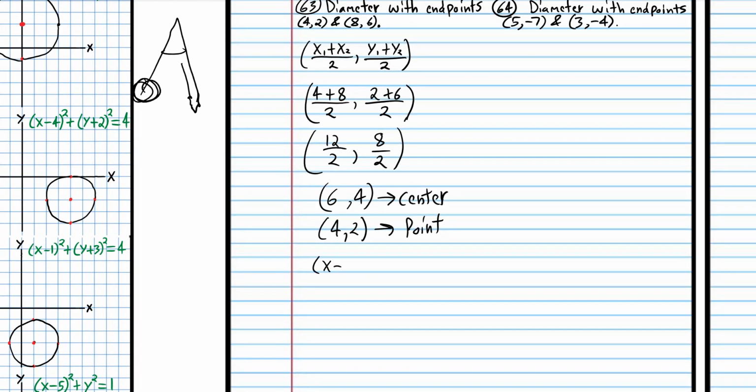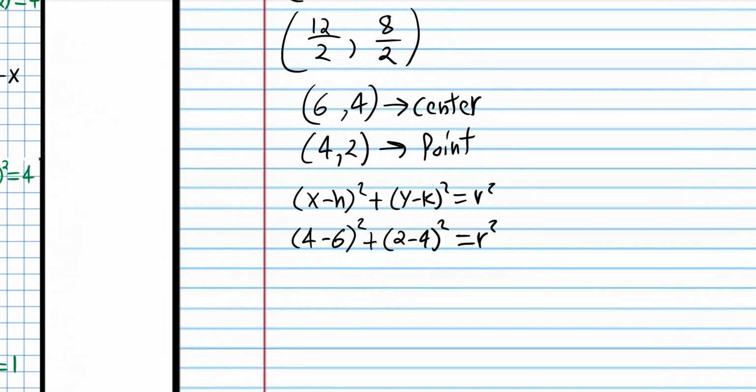So (x minus h) squared plus (y minus k) squared equals r squared, and we just plug in numbers. So x value is 4 minus the x value of the center squared. Y value of a point is 2. Y value of the center is 4. And we just use that information to find r squared.